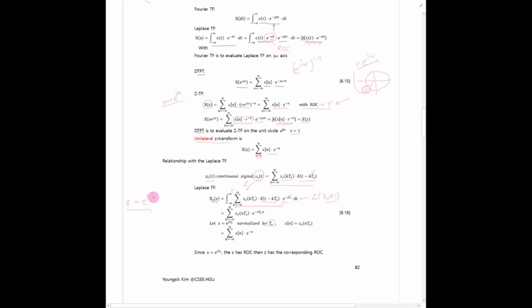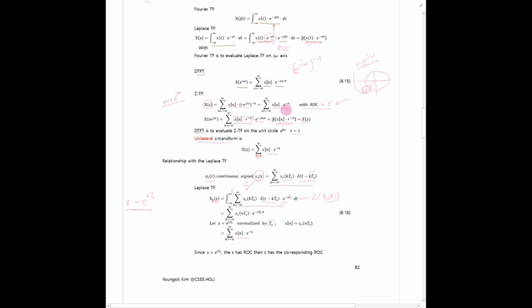It's quite similar. So we take s times Ts, normalized by the sampling frequency. By taking this ratio, we define the G terms. Then we can express that one in this way.